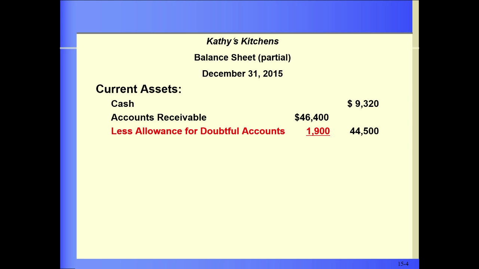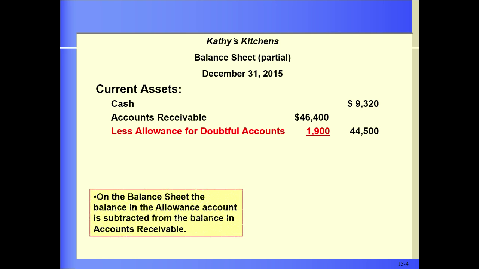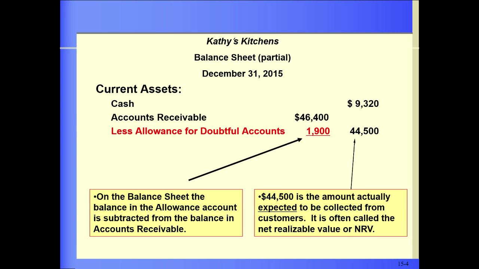In this case, we've estimated that $1,900 is not going to become collectible. So on the balance sheet, this amount is going to be subtracted from accounts receivable. That's going to give us the $44,500 that is the net realizable value, or NRV, for our actual asset account, accounts receivable.